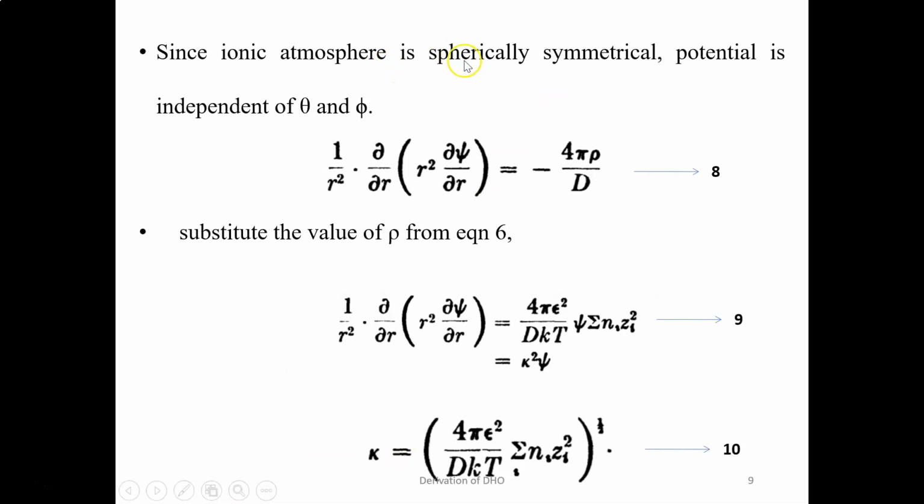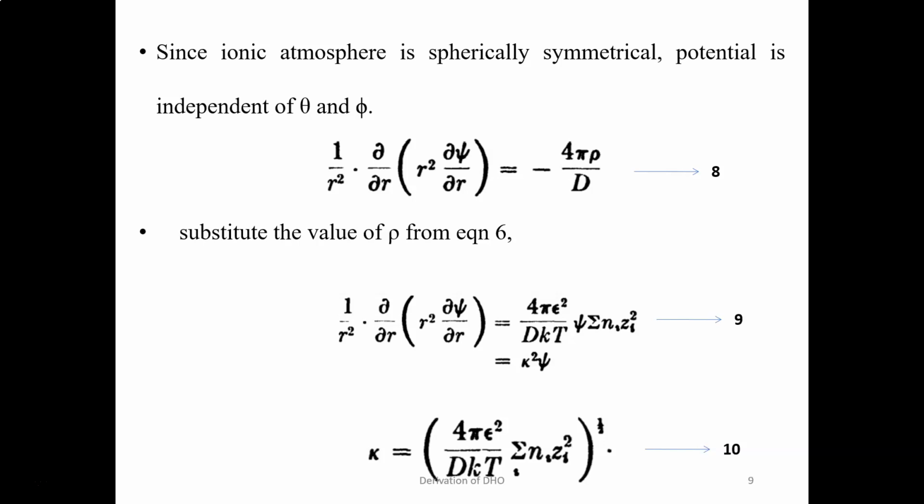Since the ionic atmosphere is spherically symmetrical and independent of theta, we can write this equation in polar coordinates also. When you write in polar coordinates, you will have the coordinates r, theta, and phi.